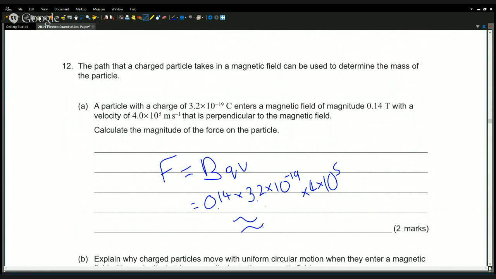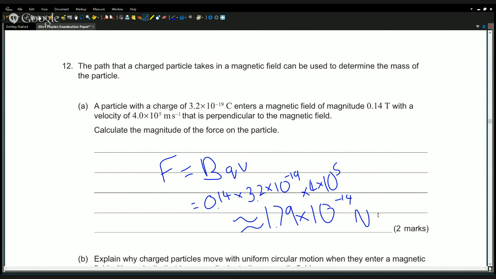Okay, for 3 sig figs, 1.79 times 10 to the, it's actually probably should do it at 2 sig figs, but that's all right. So everything else is in 2 sig figs. Times 10 to the negative 14 newtons. Okay, there we go.